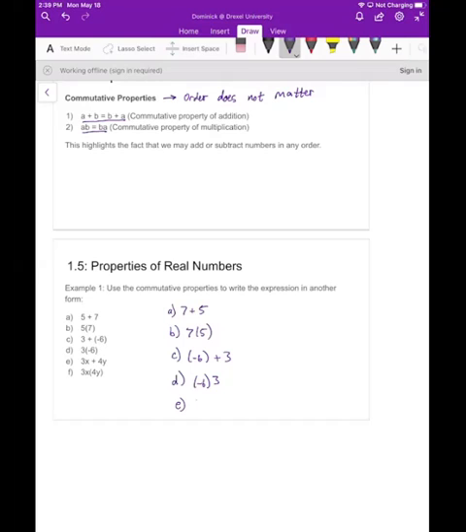Part E, we could say 4y plus 3x. And part F, we could say 4y times 3x. So it's reiterating that the order in which you add or multiply doesn't matter. But keep in mind that if you subtract or divide, then the order does matter.